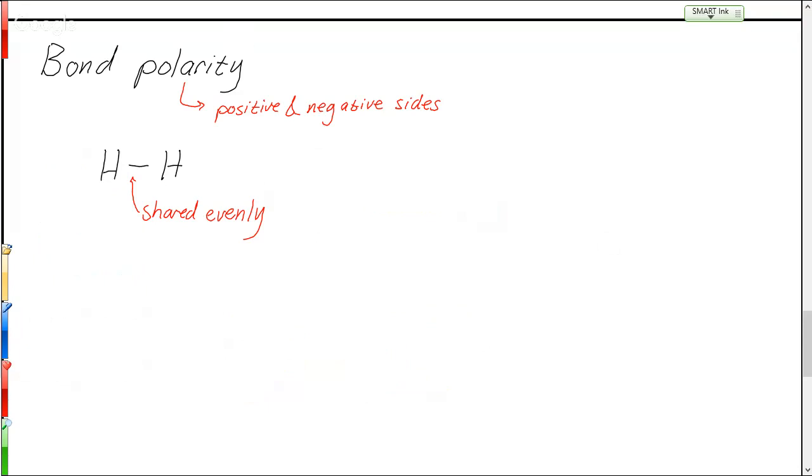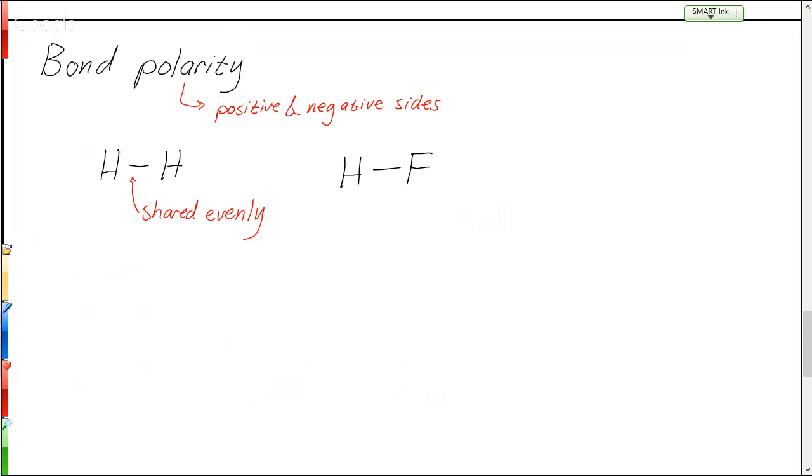Okay, let's compare that to a molecule where they're not. HF. So in an HF molecule, those electrons are not shared evenly.